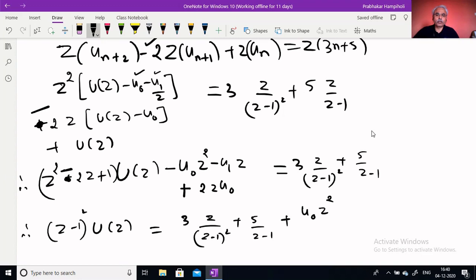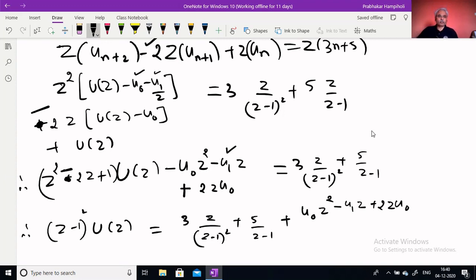So these terms you transfer: u1 z, u0 z square minus u1 z plus 2 times z into u0.